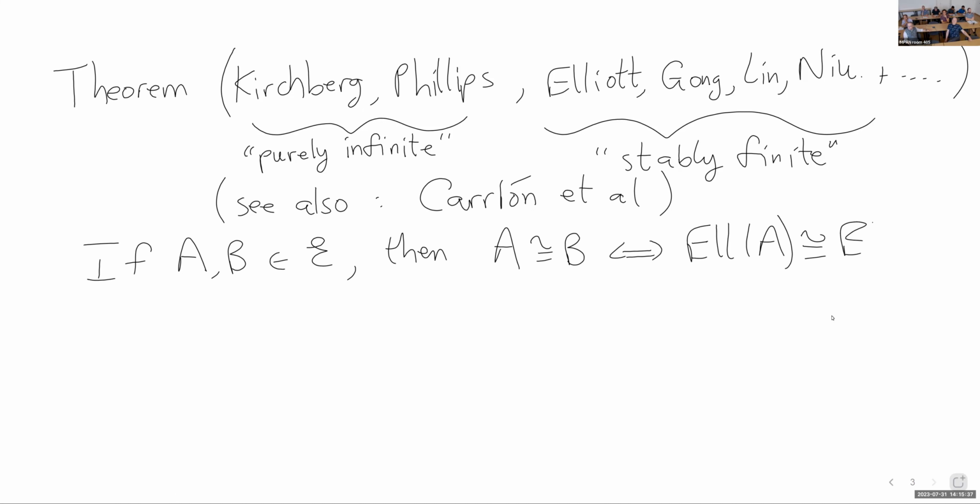And it's a functorial classification, meaning that I've written it the other way around, but okay, if you have an isomorphism at the level of the invariant, then you can lift it to an isomorphism of the algebras.